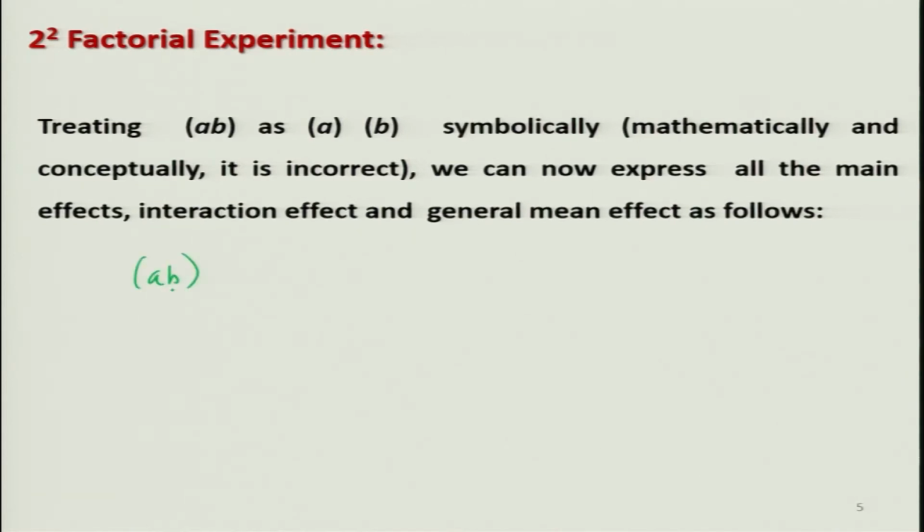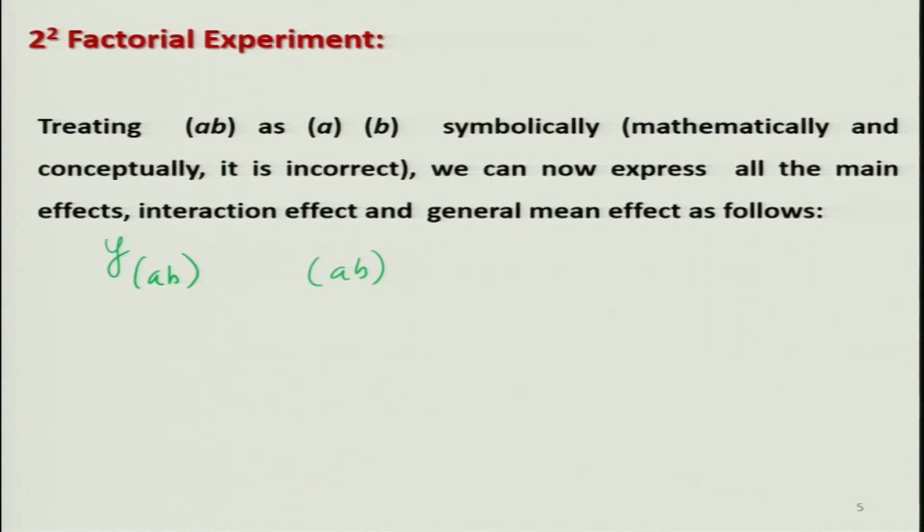That means you are giving the treatment combination, A of factor A and B of factor B. That means A and B both are at level 1, and then you are trying to obtain its response as YAB.